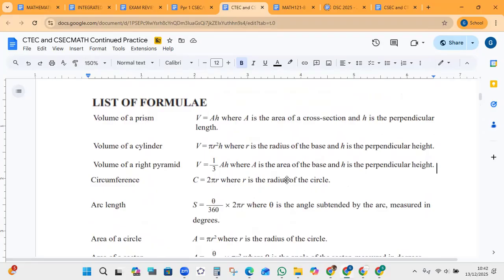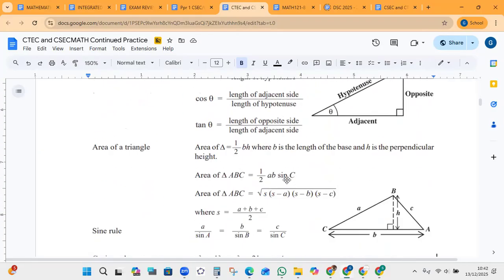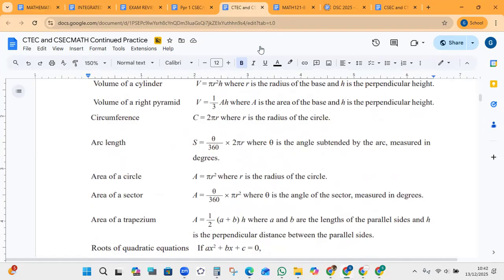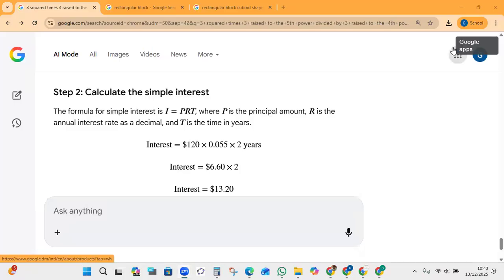Okay, and as you can see, the simple interest is not in this list, so you have to know this formula off your head. So here it is, capital I for interest, P for principal, R for rate, and T for time in years. I is equal to PRT. So please write it down in a list of formulas and learn this off your mind.